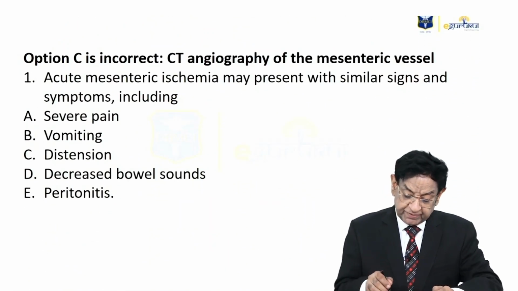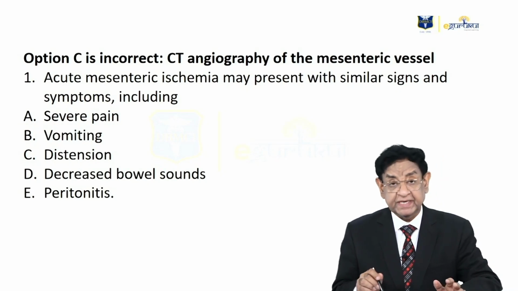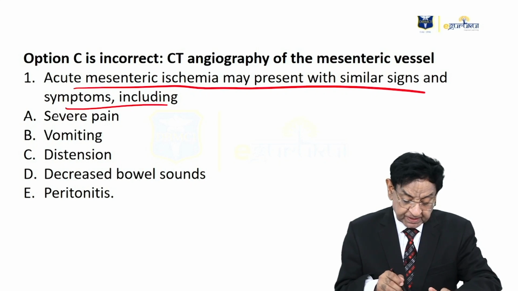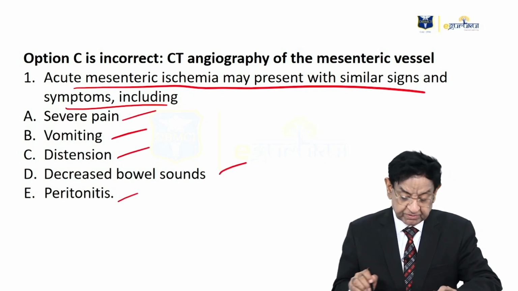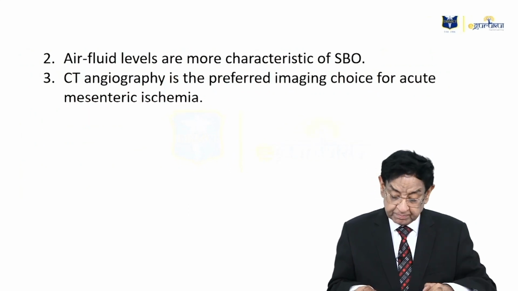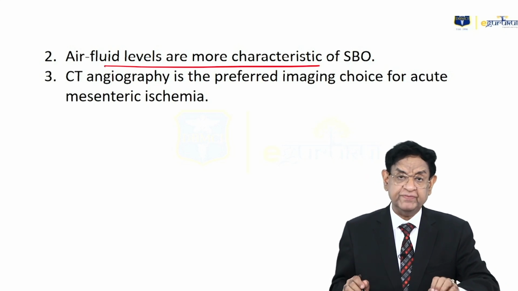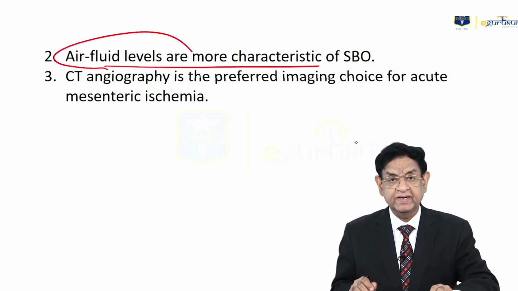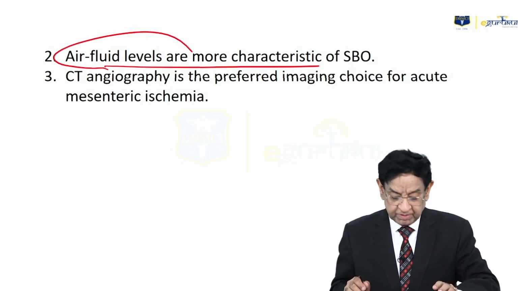CT angiography for mesenteric ischemia, this we do when we are suspecting mesenteric obstruction, because mesenteric ischemia may also present with similar signs and symptoms: pain, vomiting, distension, decreased bowel sounds, and peritonitis. Okay, but air fluid levels are characteristic of SBO. In fact, as I told you, golden line, if you are getting air fluid levels, 99.9% you are dealing with small bowel obstruction.